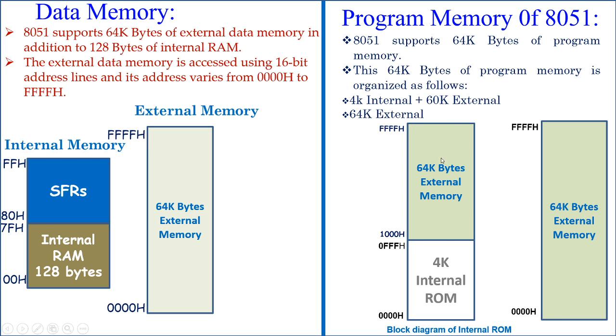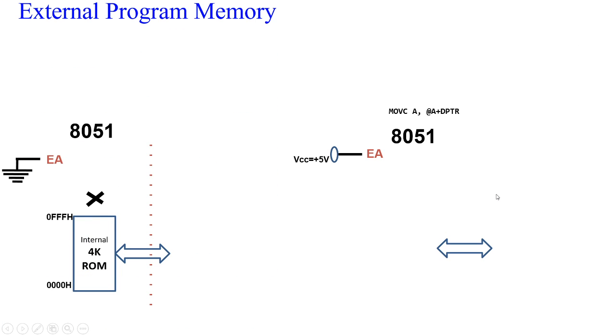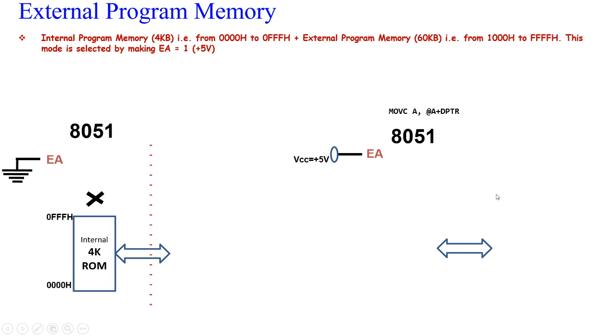Now this external memory will be like this, this 64K memory, whose address starts from 0000H to FFFFH. Now let us discuss the external program memory, how the 8051 microcontroller gets access. Internal memory, as we know, is 4K bytes, plus external memory of 60K bytes.